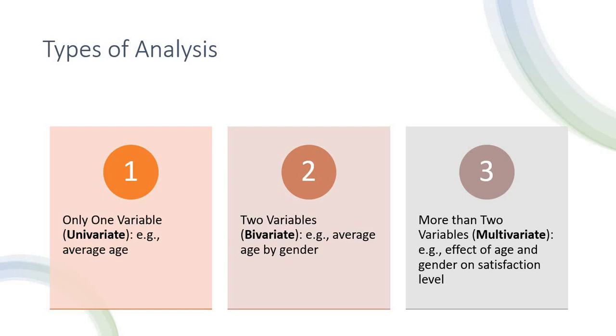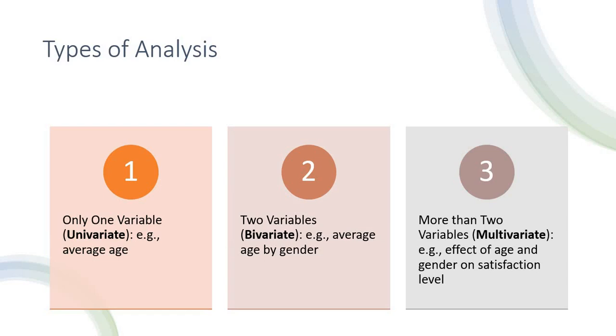For example, you can analyze the average age by gender in your sample, or you can make inferences about the average age by gender in your population. And thirdly, you can also analyze more than two variables at a time. For example, you can conduct an analysis to see the effect of age and gender on satisfaction level. Now you are analyzing three variables at the same time.